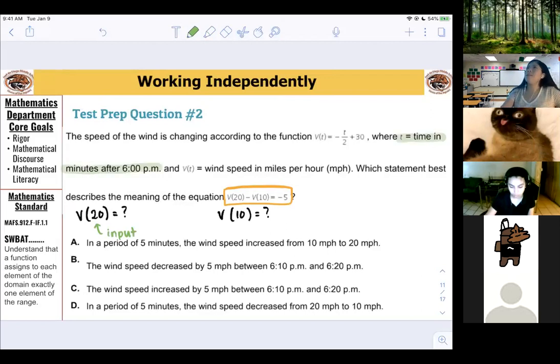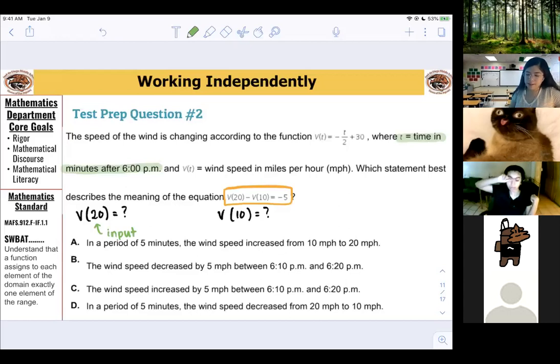So if my input is 20, what time is this talking about? 6 p.m.? Careful, you're close. T is the time in minutes after 6 p.m. So if T is 20, what time is it? 6:20. 6:20, exactly.